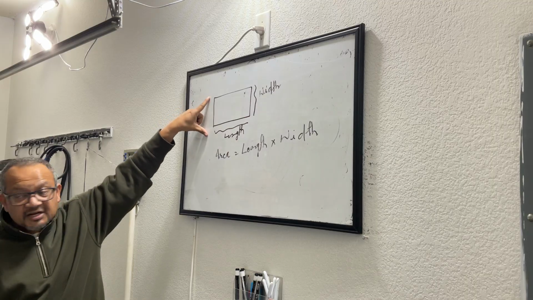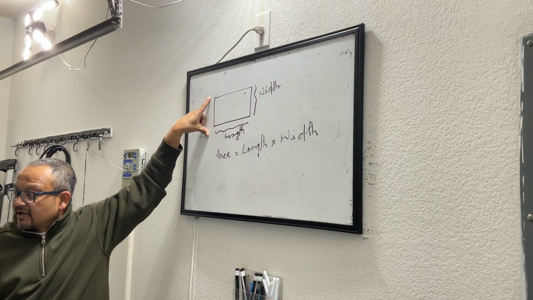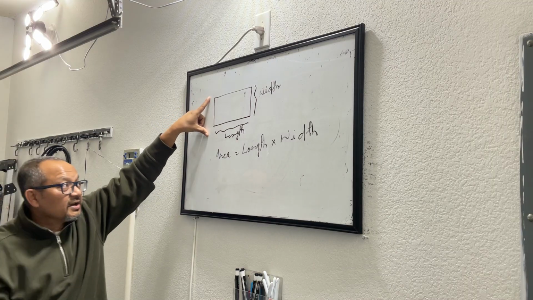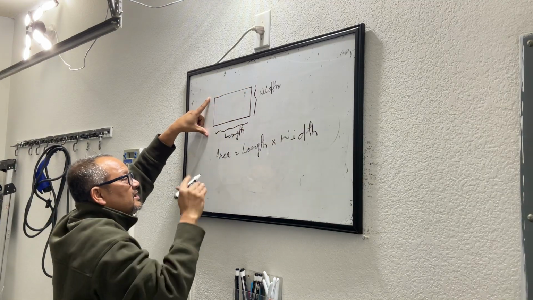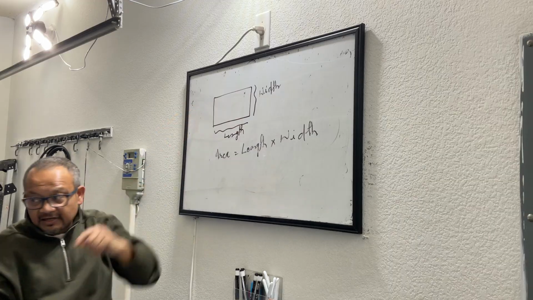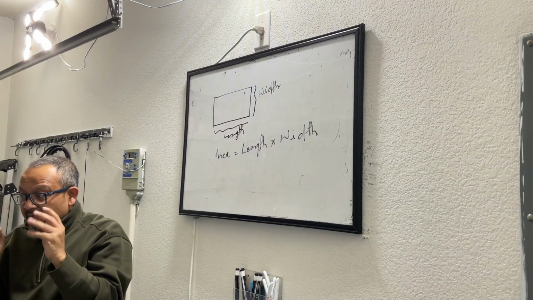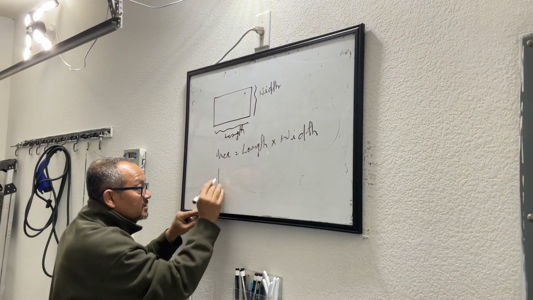Here now we have started dealing with how do you find out the area of a rectangle. Area of a rectangle is length times width. Now there is one more thing that you would want to keep in mind because this will help you remember this.